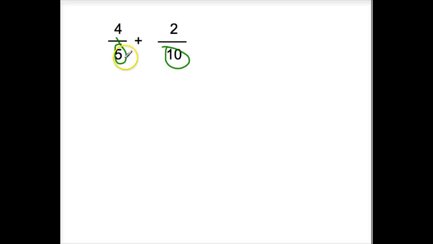We know 5 times 2 is 10. So 5 is a factor of 10. So therefore our common denominator is going to be 10. So we're going to leave plus 2/10 exactly how it is.